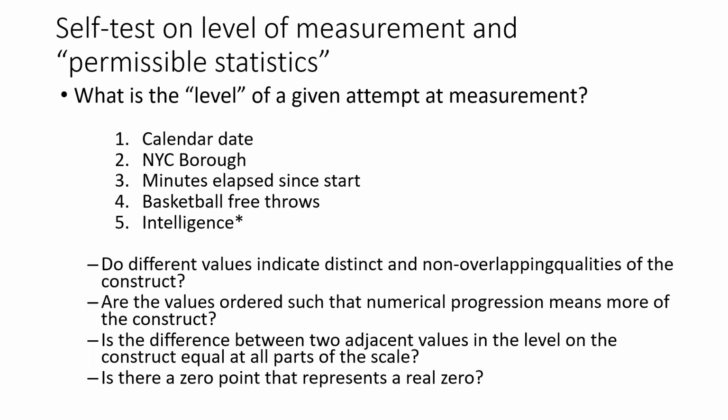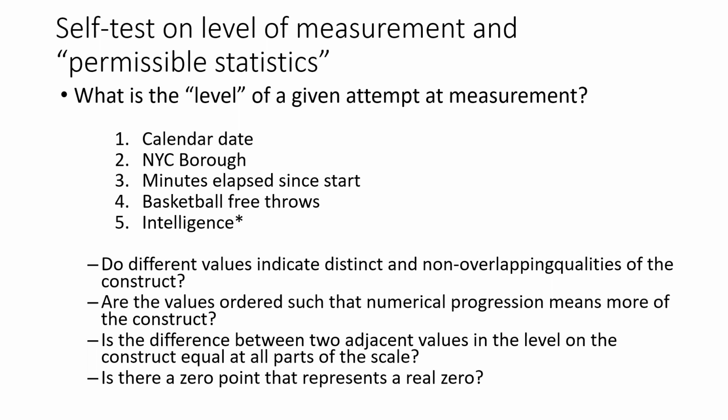Do the different values of a calendar date indicate distinct and non-overlapping qualities of the calendar? So is July 3rd distinct from July 4th and July 2nd and April 9th on some quality, on time of the year, day of the year?